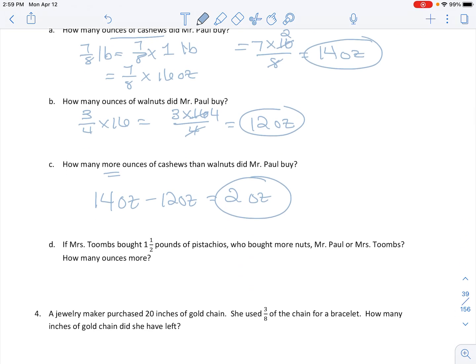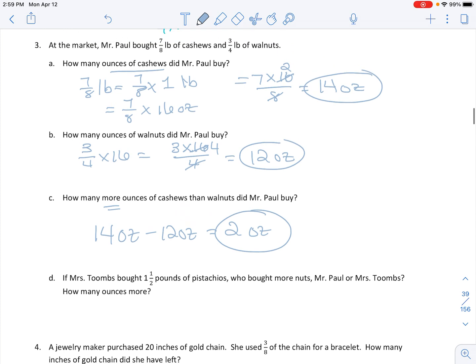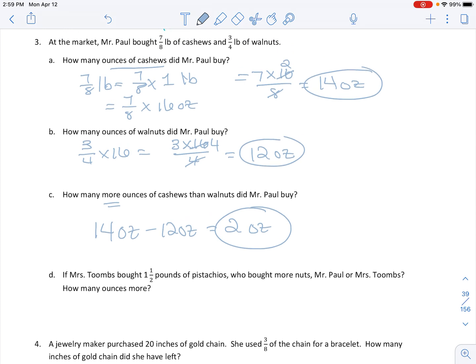If Mrs. Toombs bought 1 1/2 pounds of pistachios, who bought more nuts, Mr. Paul or Mrs. Toombs? And how many ounces more? So 1 1/2 pounds of pistachios. We need to change that to ounces. So remember, 1 1/2 is the same as 3 halves, because 1 is the same as 2 halves, and then 1/2 we get 3 halves. So I have to convert this to ounces. 3 times 16 over 2.